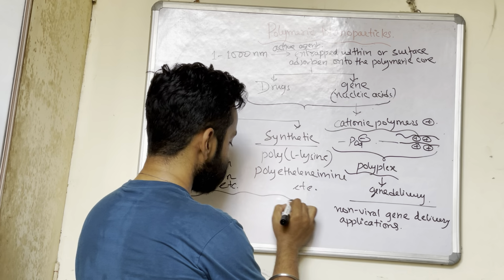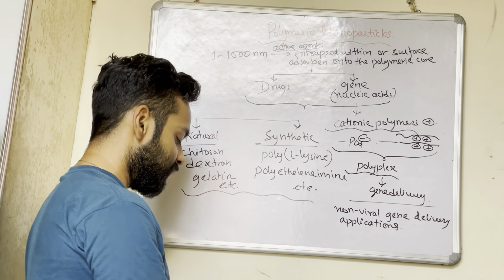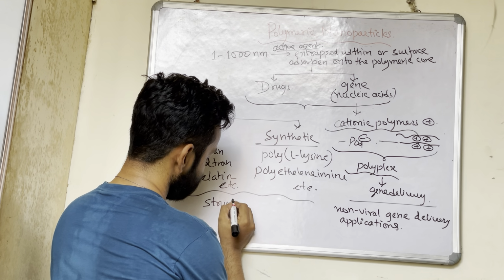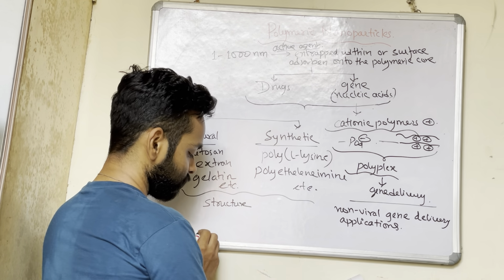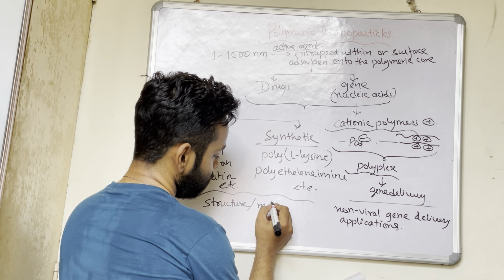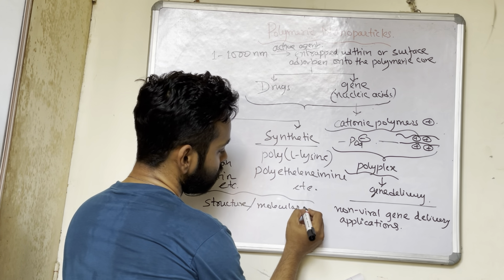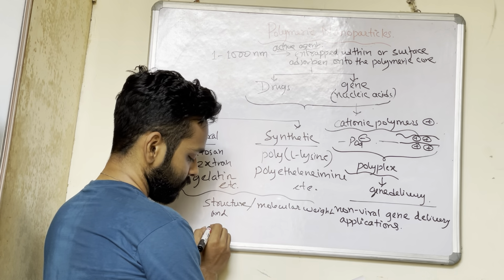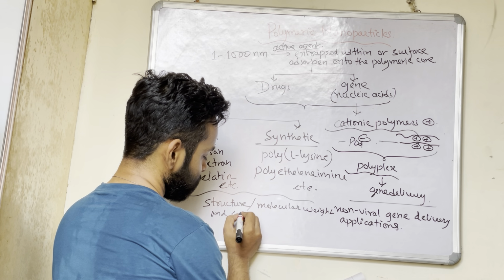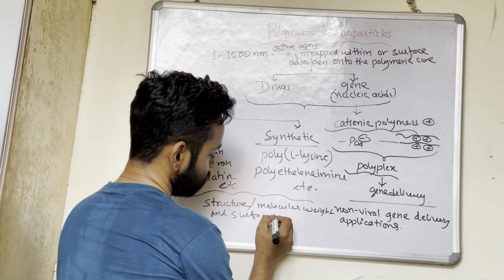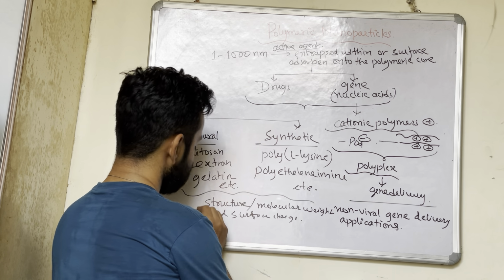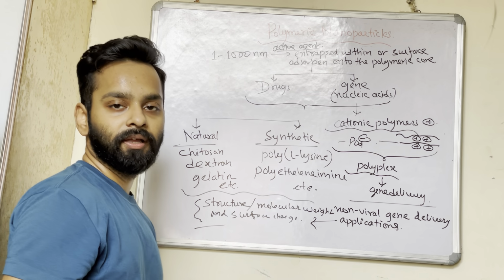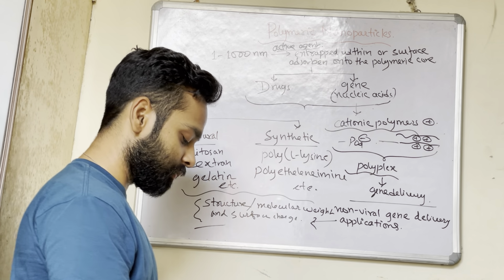This is dependent on the type of materials used, and also on the structure, molecular weight, and surface charge. So these are the factors which affect the gene delivery efficacy of such polymeric nanoparticles.